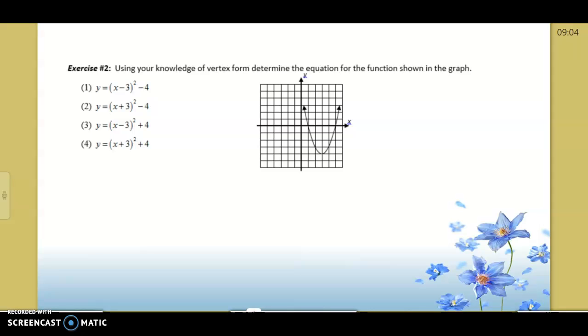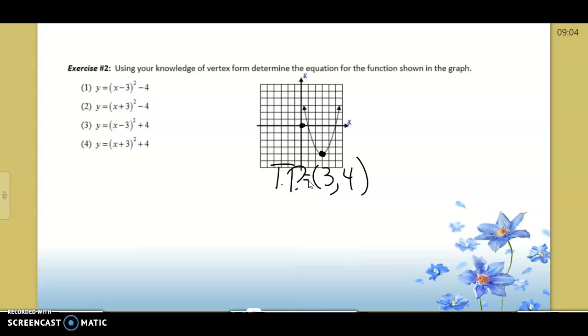And you're like, how in the world am I going to pick out an equation just from this picture of the graph? Well, you go to the turning point. So the turning point right here, and just count it out, is 3 to the right, from 0 that is, 1, 2, 3. So that's +3 and down 1, 2, 3, 4. So the TP is 3, -4.